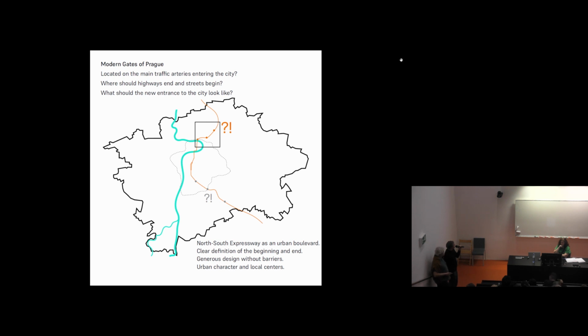So our topic is to change the expressway or highway to an urban boulevard, if it's possible. Make a clear definition of the beginning and end of the highway and streets. And make a generous design without barriers, and make urban character and local centers there.